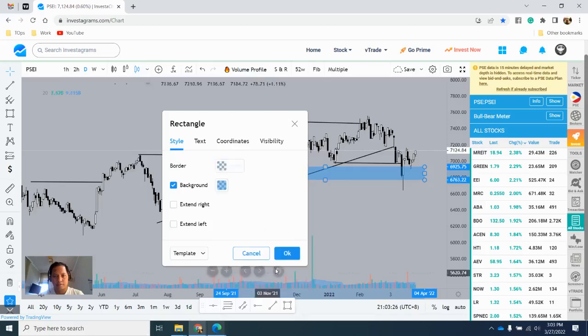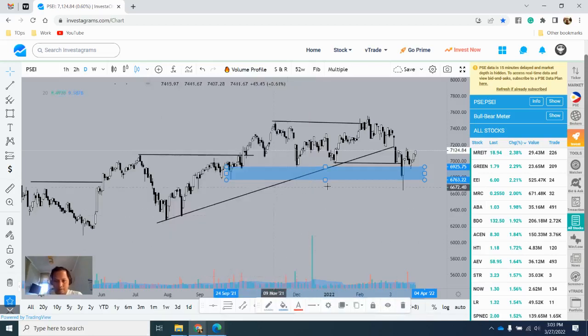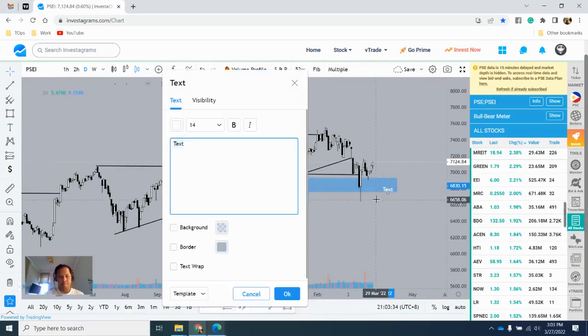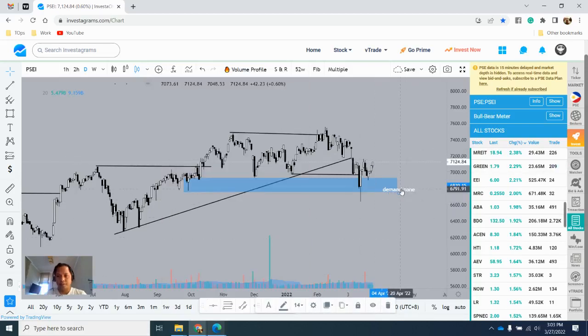Okay, this. Okay, so this will be our demand zone. So this is where the buyers are coming in.